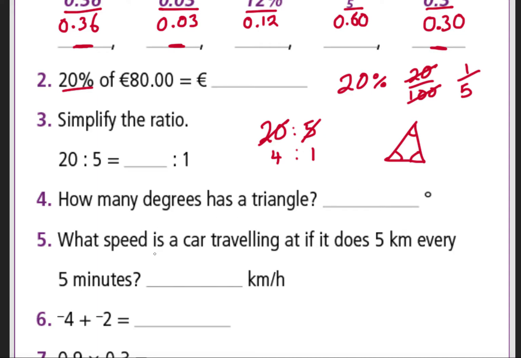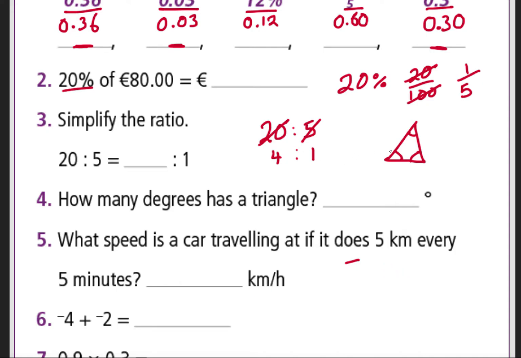What speed is a car traveling if it does 5 kilometers every 5 minutes? Now, we could say it's going 5 kilometers per minute, but nobody talks about kilometers per minute. And they ask us in the question here to do kilometers per hour.